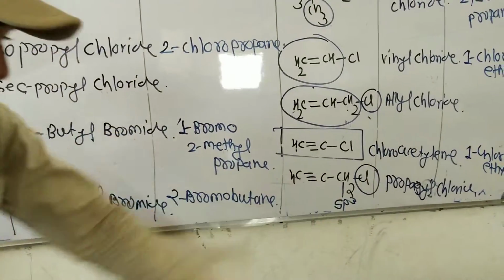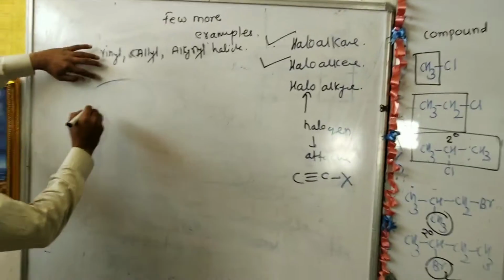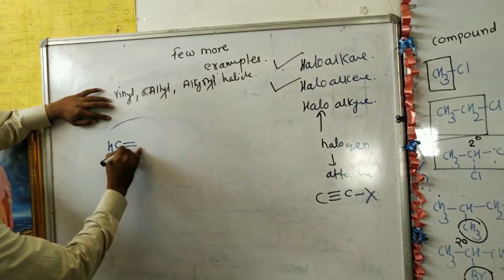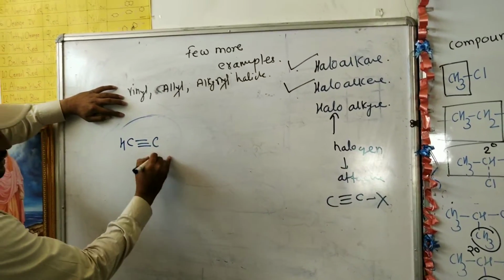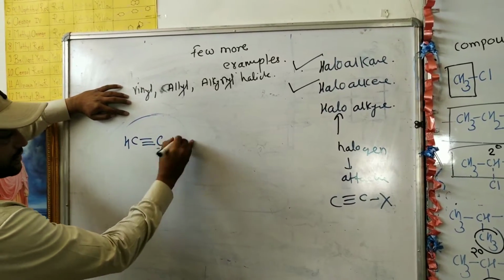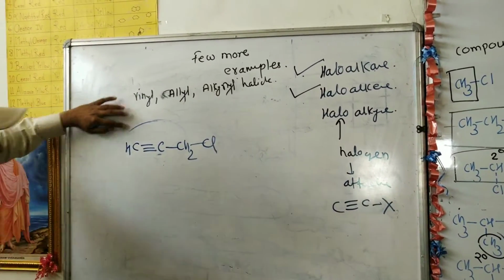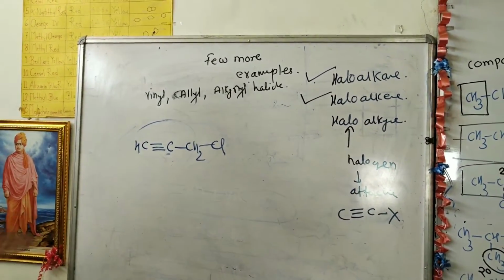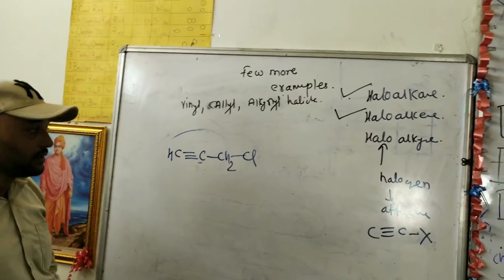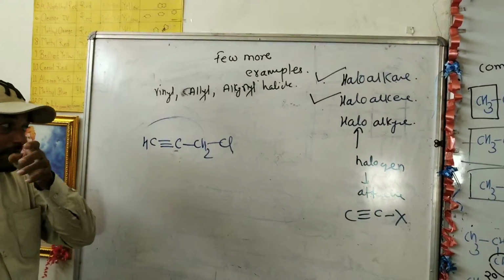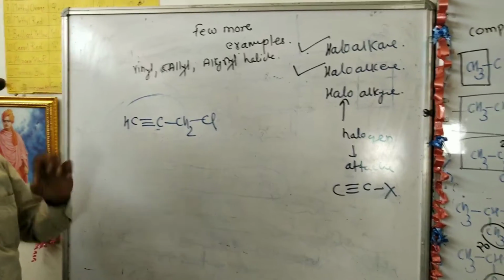Now take the next example, propargyl chloride, which comes under the haloalkyne. CH triple bond C CH2 Cl. This is a haloalkyne. So what is the correct system for giving the IUPAC name?